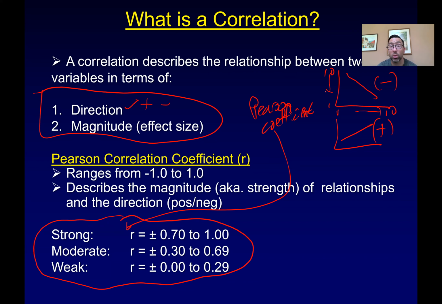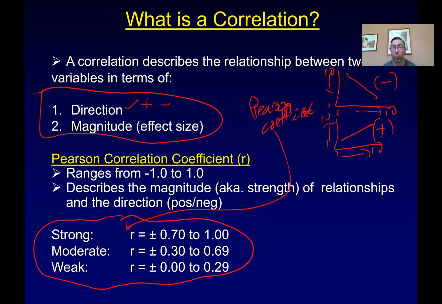So as one variable goes up, the other one goes down. That's a negative correlation. In this one, it's the same thing, we've got 10 and 1 and 1 and 10. As we go up on the x-axis, we're also going up on the y-axis. So they're changing in the same direction. That means it's a positive relationship. So we're going to get a range of scores from -1 to +1. That's the direction of our relationship.